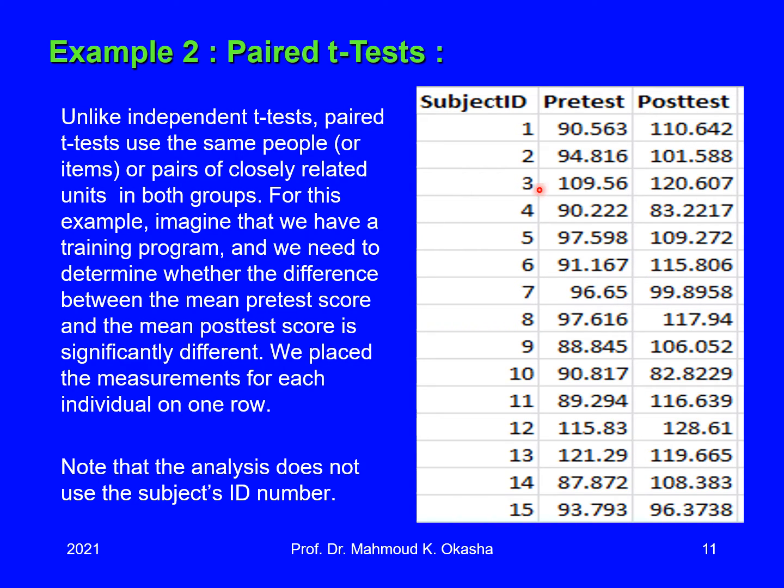So there are 15 students or employees, and we have a training course, and we have a test before and after the training course. The pre-test is the test before the training course, and the post-test is the test after the training course.